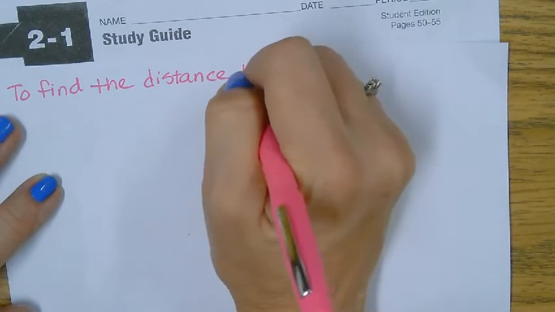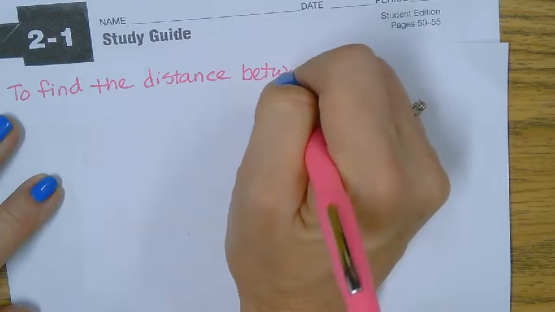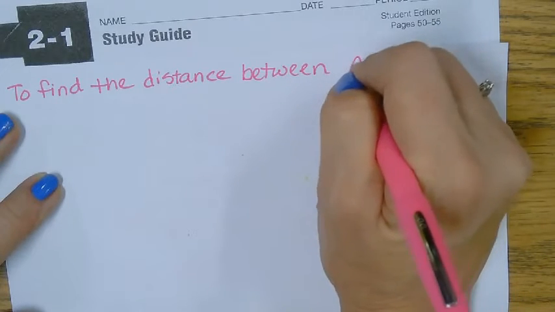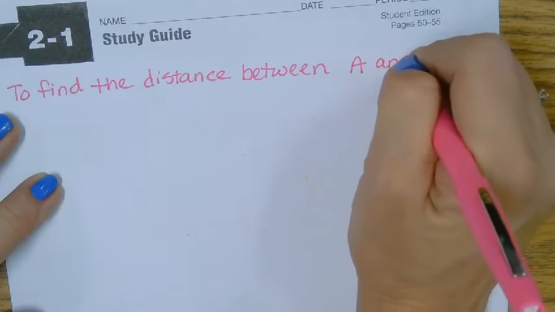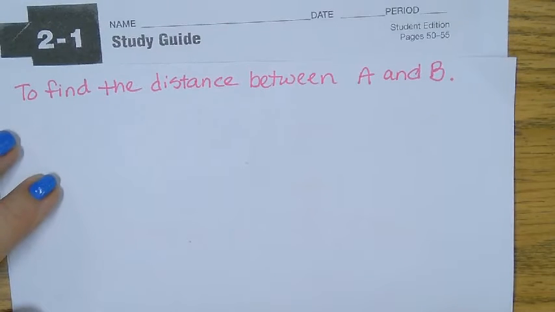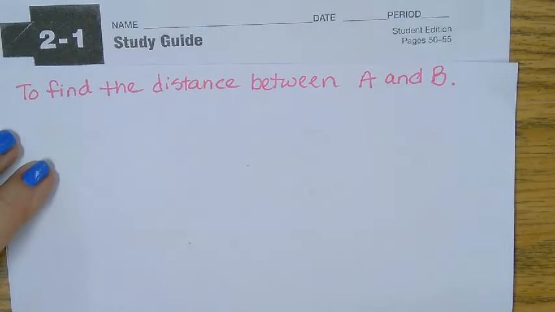So to find the distance between point A and point B, we can always count them. Well, maybe not. What if they're decimals? What if they're at a point like 1.23 and the other one's at the point negative 5.4?